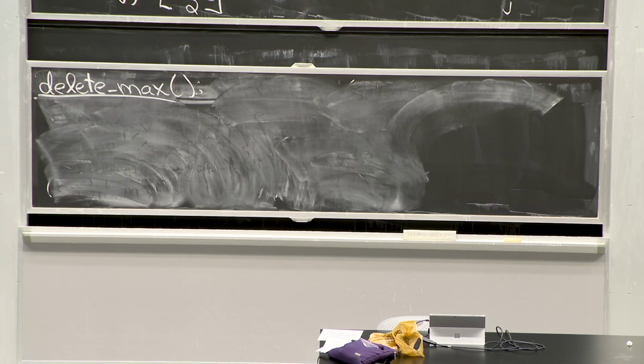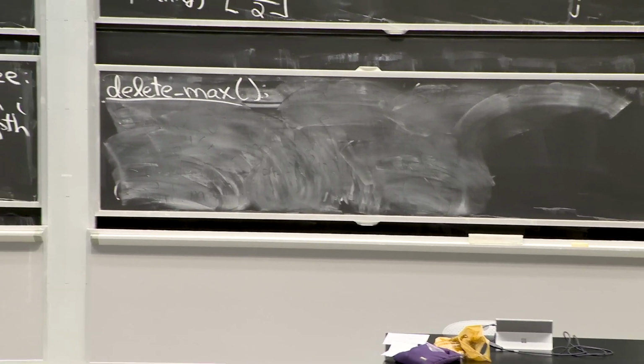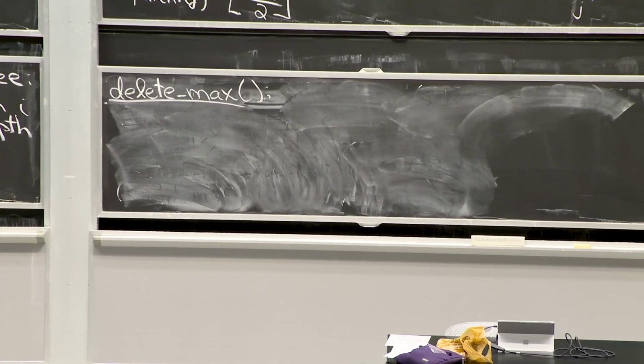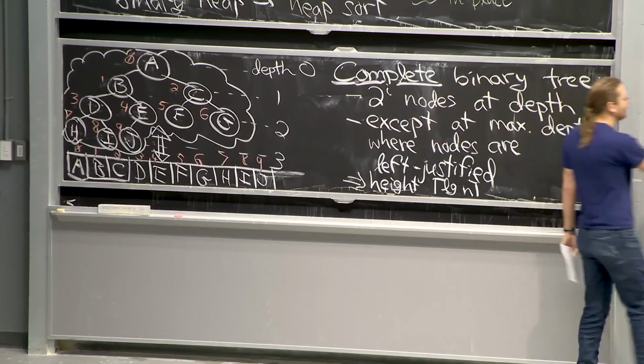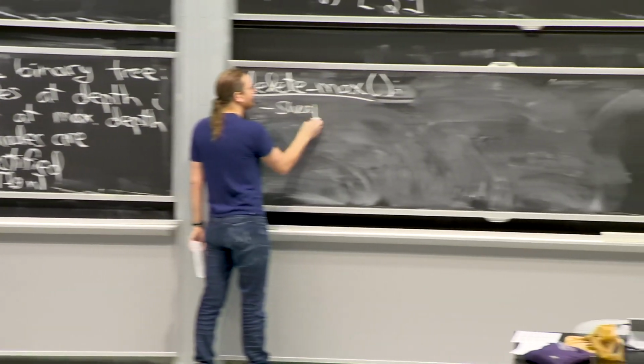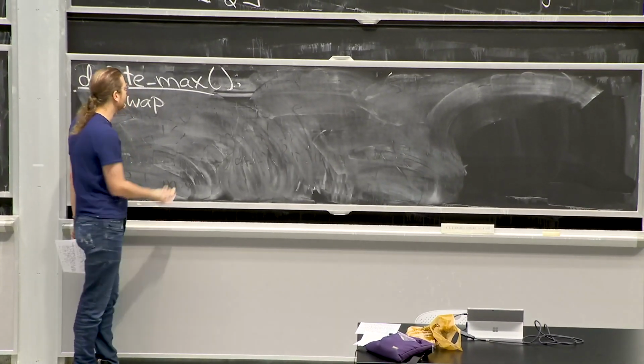So, like I said, the only node we really know how to delete is the last leaf in the last level, which is the end of the array, because that's what arrays can delete efficiently. And what we need to delete is the root item, because that's always the maximum one, which is at the first position in the array. So what do? Swap them. Our usual trick. I think the cool thing about heaps is we never have to do rotations. We're only going to do swaps, which is something we had to do with binary trees also.